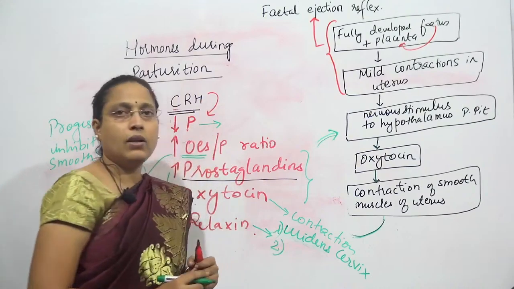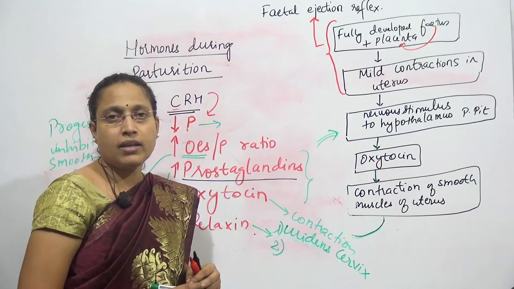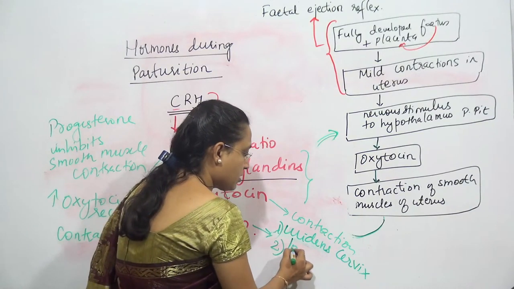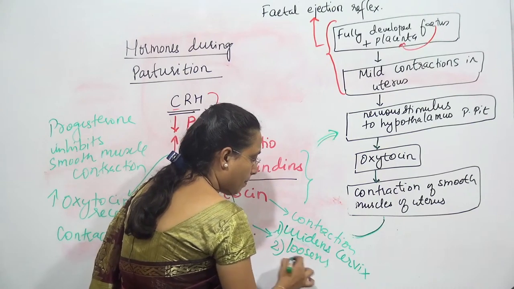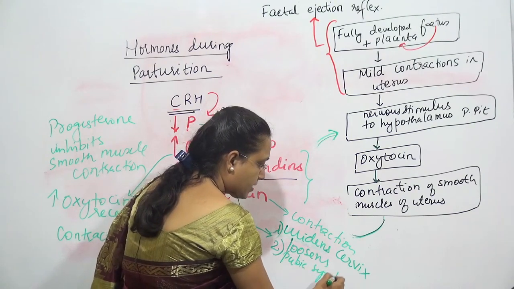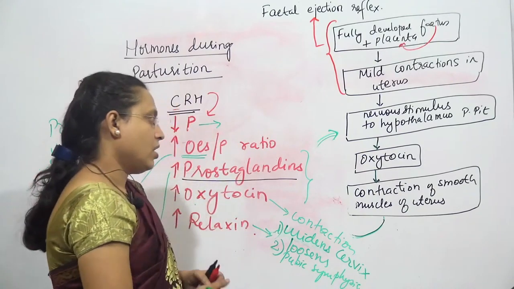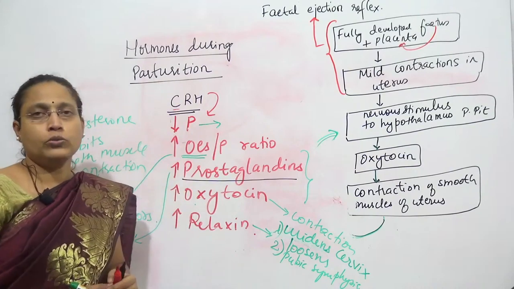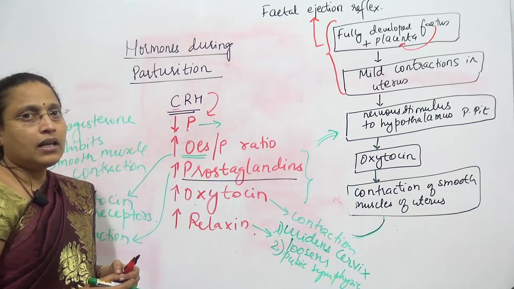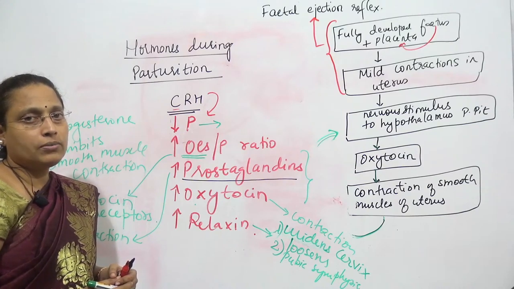The second one is it loosens the connective tissue present in the pubic symphysis, which is a joint. So these are the various hormones involved in the parturition process.